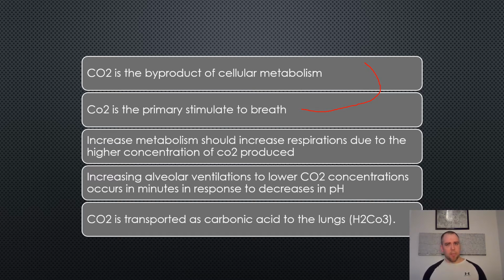So to use the example from the previous slideshows, running up a flight of stairs will immediately increase your CO2. Quite literally immediately. Those chemical reactions happen immediately and the byproducts happen immediately. So much like revving the car up to 2,000 RPM, that exhaust is immediately expelled. Same thing, except it takes a little bit more time.